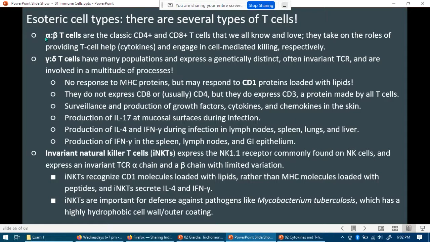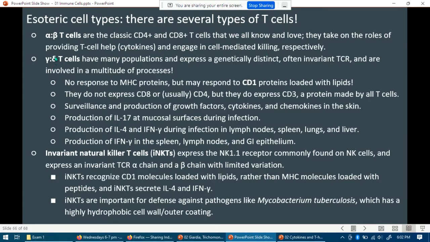And it's named alpha beta because of the structure of its T cell receptor. It's got an alpha chain and a beta chain. And these are just the classic T cells. They're CD4 positive or they're CD8 positive. These are the cells that we all know and love. And the CD4 positives provide T cell help in the form of cytokines. And the CD8 positive T cells kill infected cells.